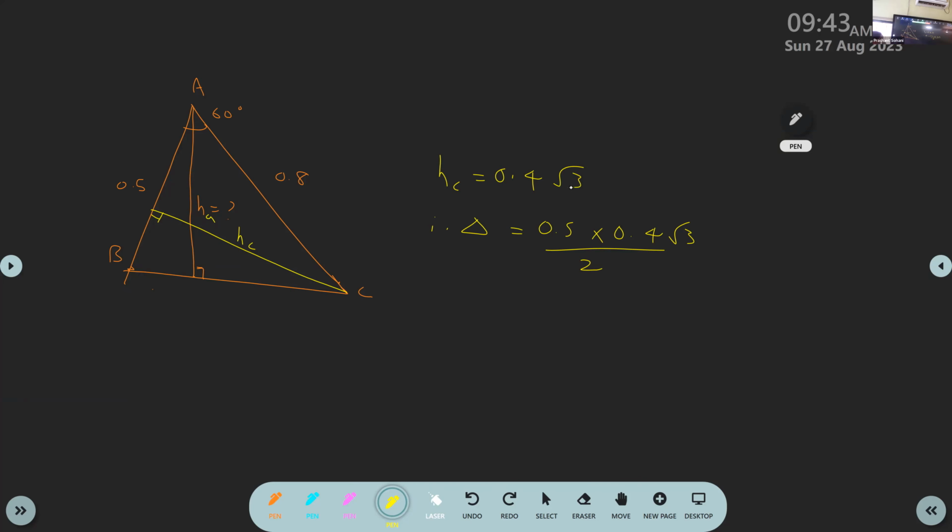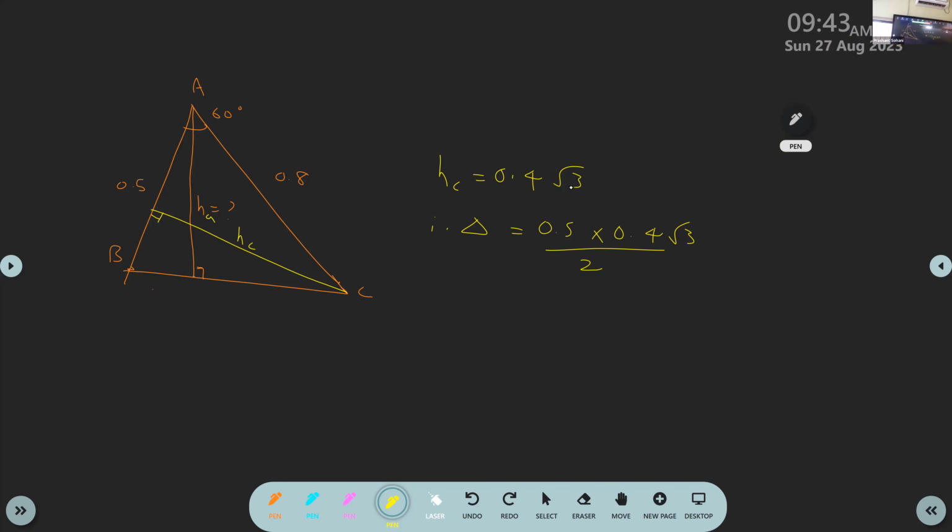Then what do I do? We need to find BC first. If you apply cosine rule, you'll get BC immediately, but I'm trying to see if you can avoid applying cosine rule.